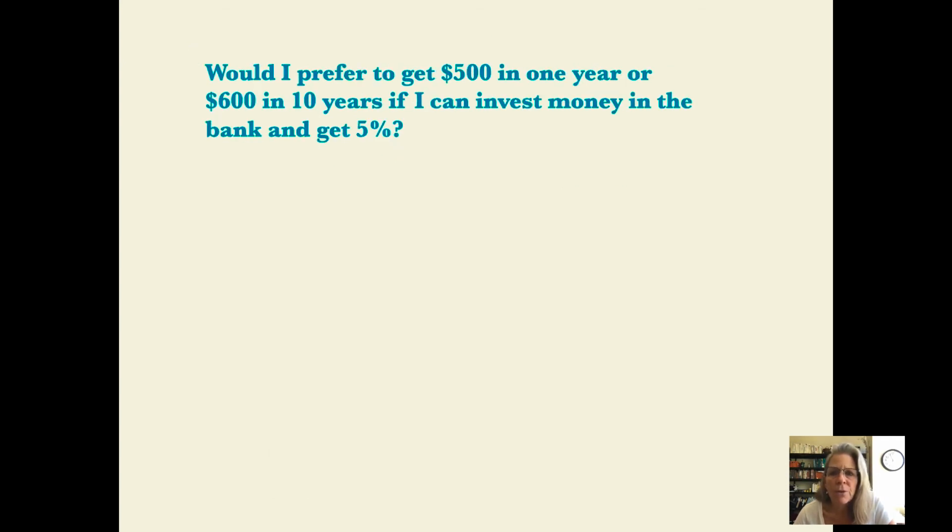So now another common kind of question is if I would prefer to get $500 in 1 year or $600 in 10 years. And I often really recommend that you actually draw these cash flow diagrams because it'll help you visualize where I need to shift items. So $500 in 1 year or $600 in 10 years.